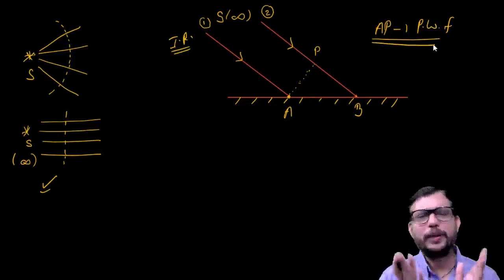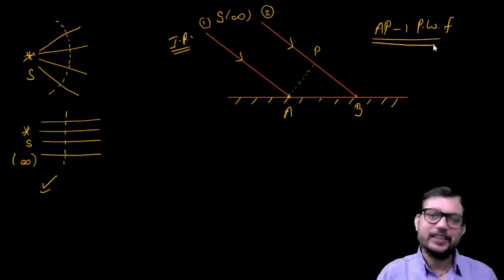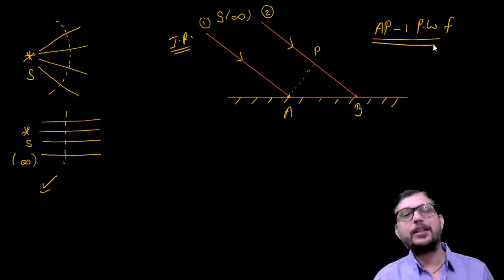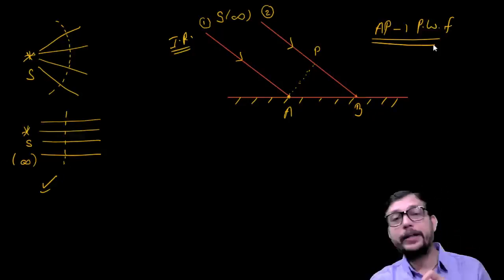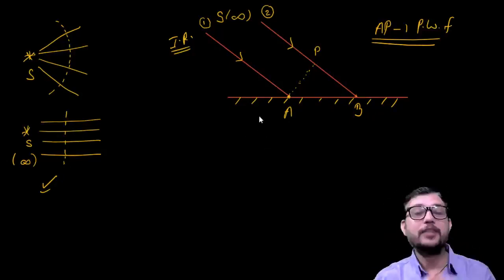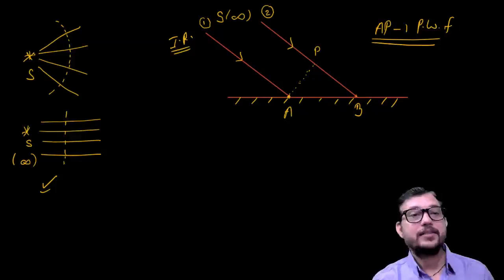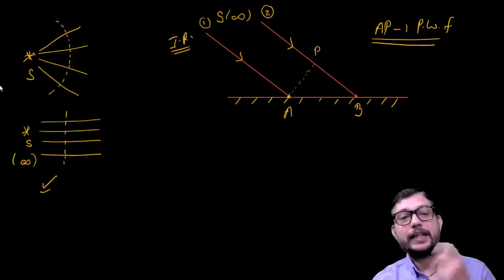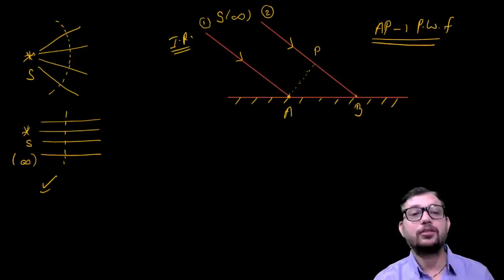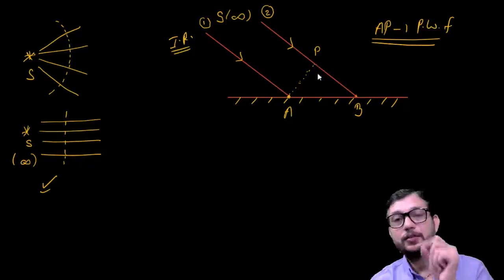So I hope and I believe that up to here each and everything is clear to all of you. Okay, now what? As I have told you, each and every point on the primary wavefront will behave like a new source of light. It means we can simply assume several points on this primary wavefront.